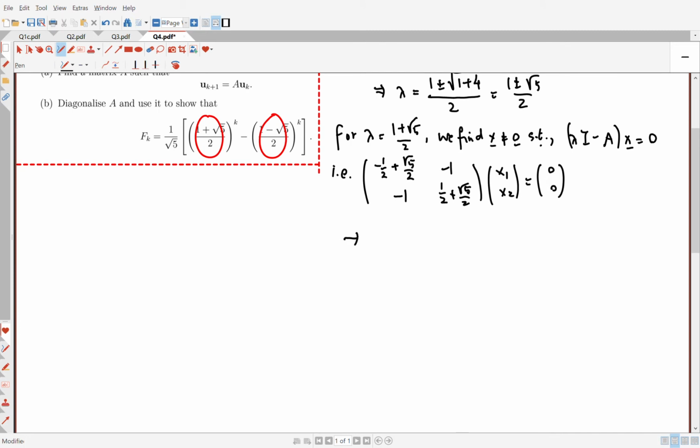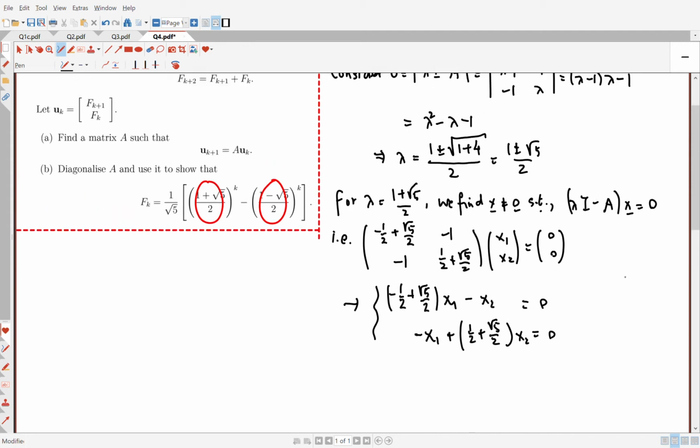Okay, and try to expand this. I will have minus half plus square root 5 over 2 times x1 minus x2. Here is minus x1 plus half plus square root 5 over 2 times x2. Okay, let's make use of this trick.